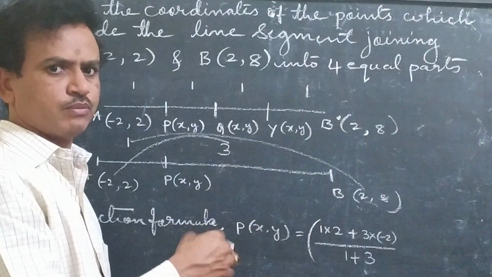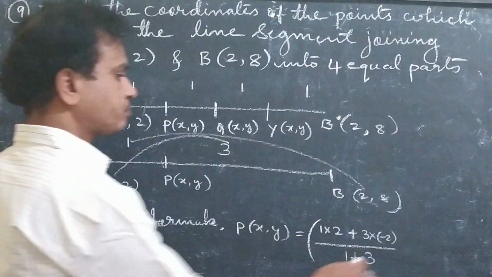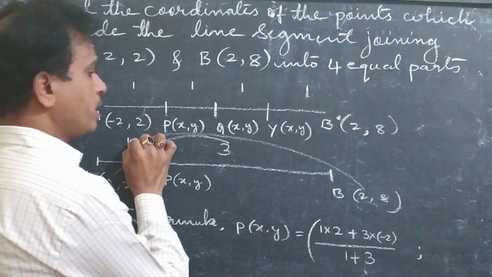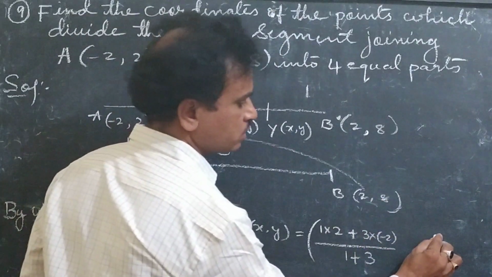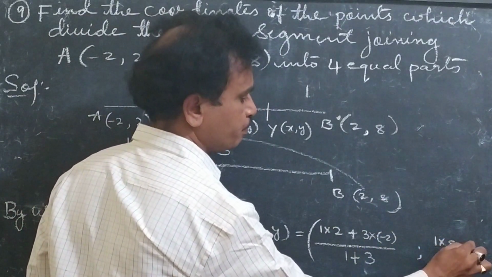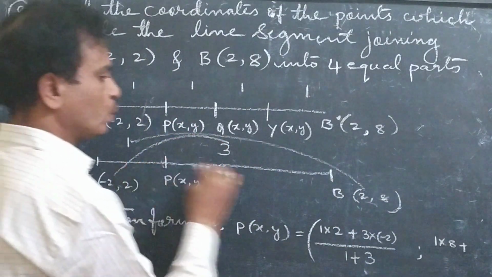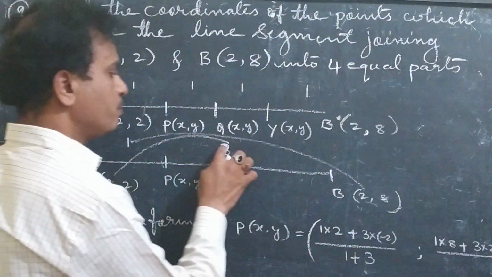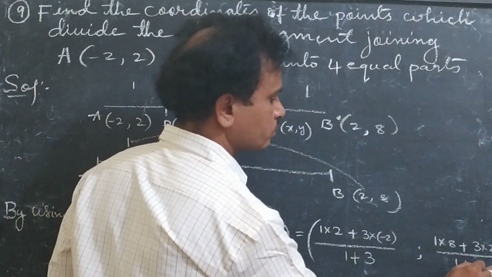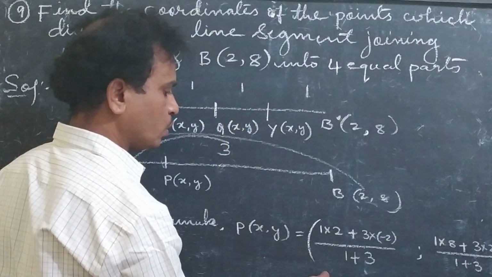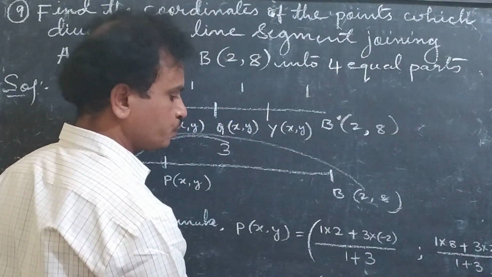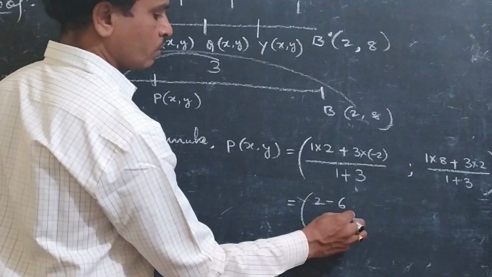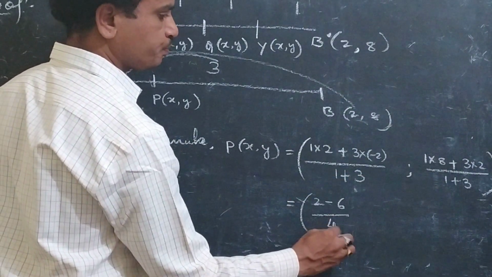No need to write it every time. For the next coordinate, 1 into 8 plus 3 into 2, whole divided by 1 plus 3. Then 1 into 2 is 2, plus 3 into -2 is -6, divided by 4.